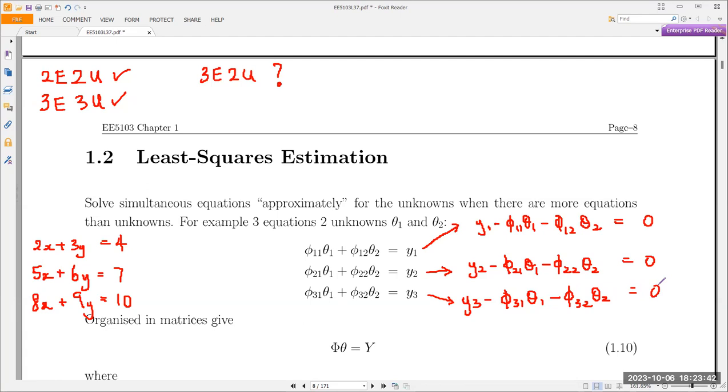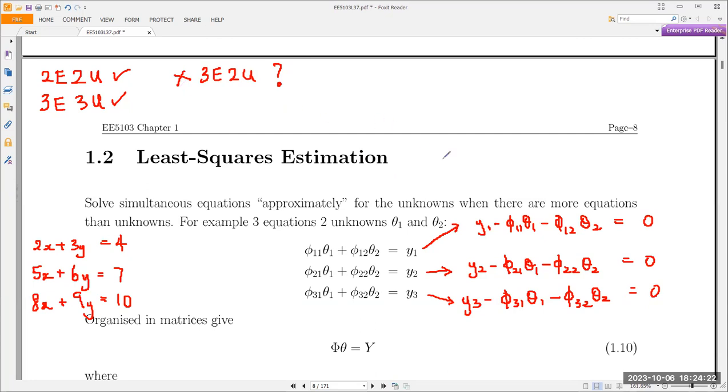So what is called solving the equations? Solving the equations means I can find a number for theta 1 and a number for theta 2 such that if I substitute here, the left side equals 0, here the left side equals 0, and here the left side equals 0. But I just told you three equations, two unknowns, cannot solve.